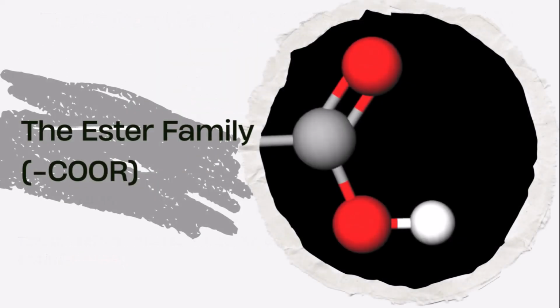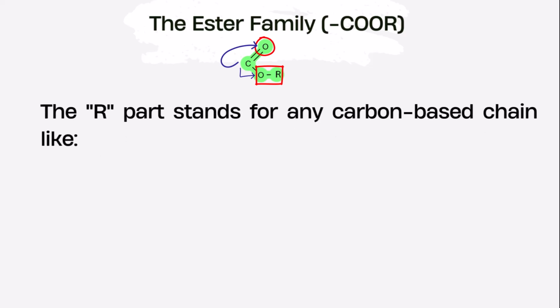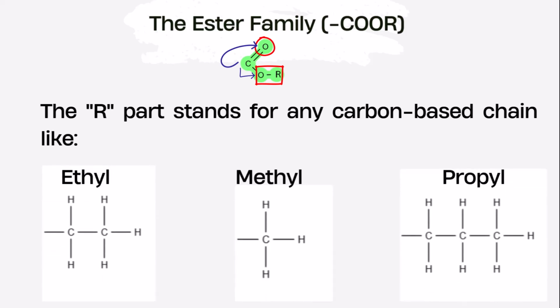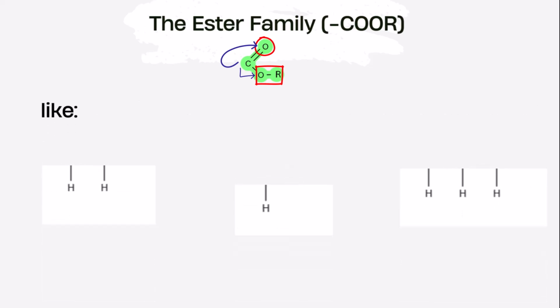Next up, we have the ester family. For the ester family, the functional group is a carbon atom double bonded to an oxygen and also bonded to an OR group. In organic chemistry, the R, as seen in this functional group, stands for any carbon-based chain like methyl, ethyl, or propyl, making it more flexible to represent various organic compounds.